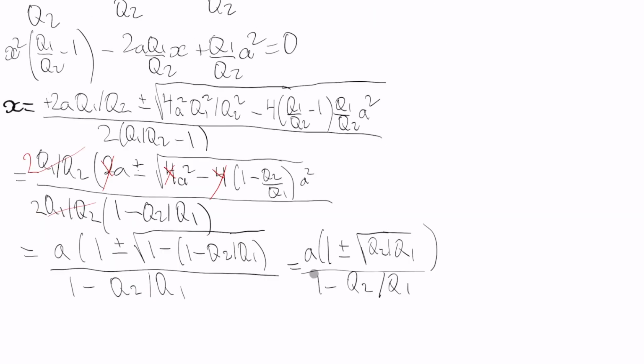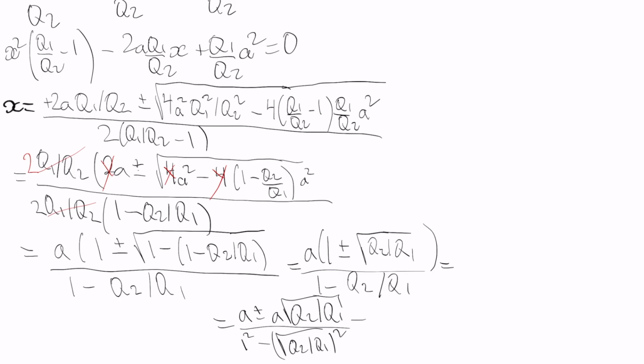Actually, we should be able to do some cancellation in a minute, so we can rewrite this even further, because we can see that we can probably express this as a difference of squares. So what I'm going to say is that this here will be equal to A plus or minus A square root of q2 over q1. Okay, and then this here you can think of as 1 squared, take away the square root of q2 over q1 squared, like that.